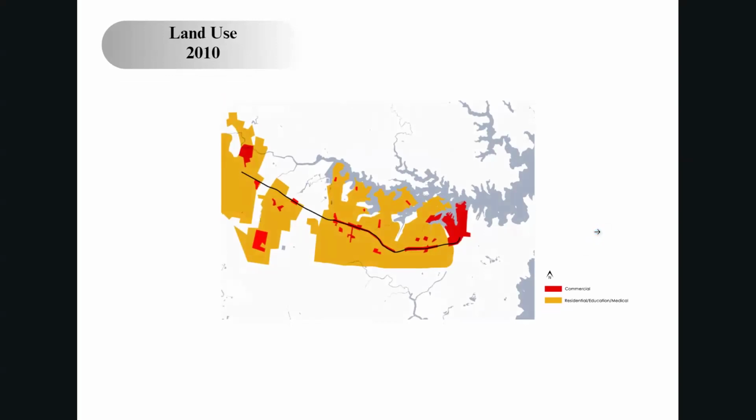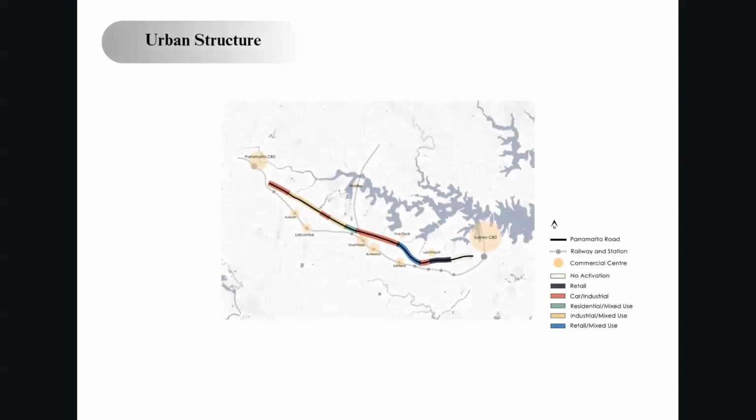Now, retail and mixed-use buildings are mainly concentrated in the eastern section of the road, such as in Leichhardt and Annandale, covering various shops like fashion, furniture, and auto sales. Residential and mixed use are more commonly found in the central and western sections of Parramatta Road, especially in Homebush.